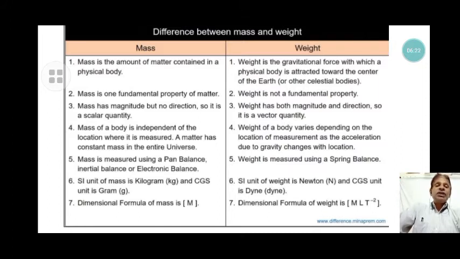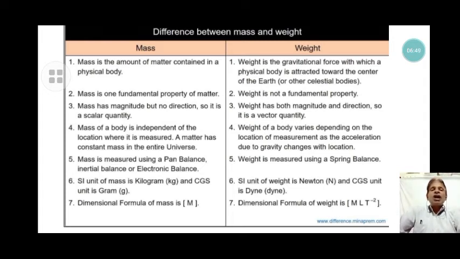The mass of a body remains the same everywhere, but the weight of a body at the surface of the earth and the weight of the body on the moon change due to the change of gravitational force exerted by the moon on the body. So the weight varies as per the location, but the mass remains constant.